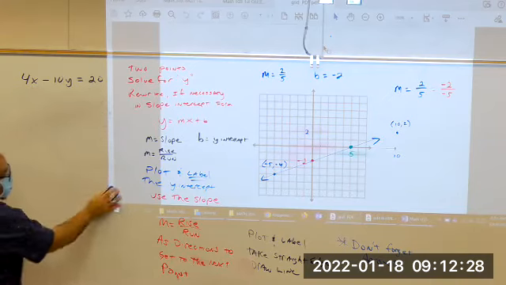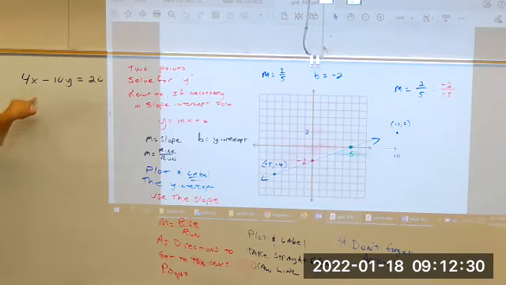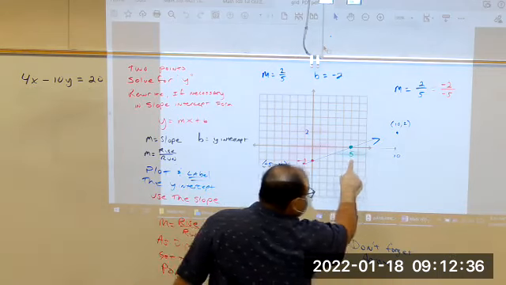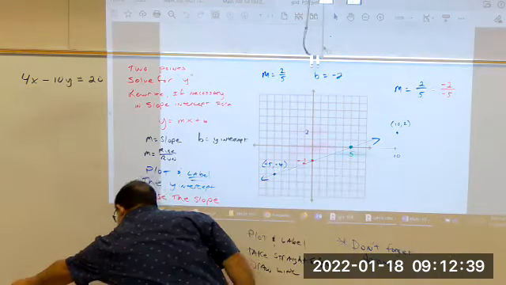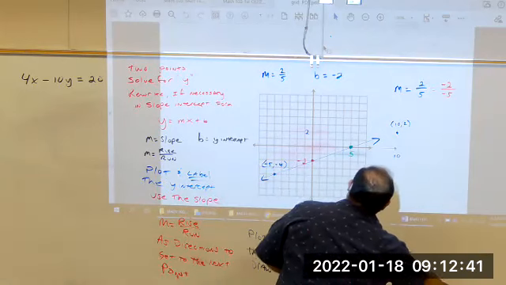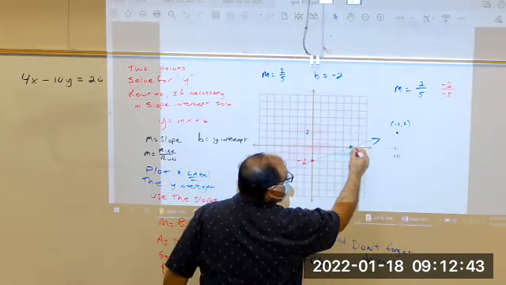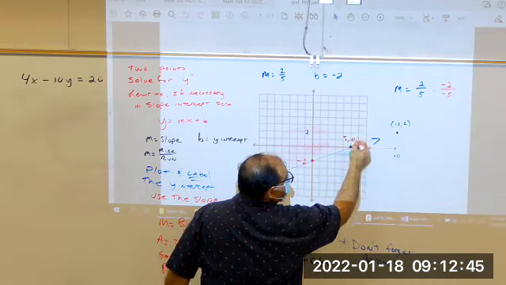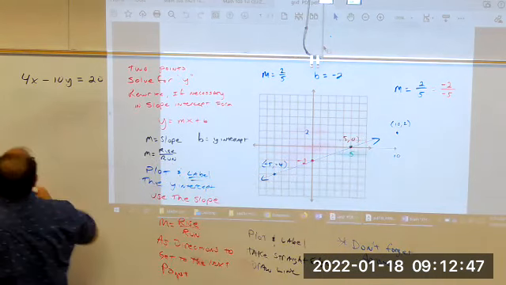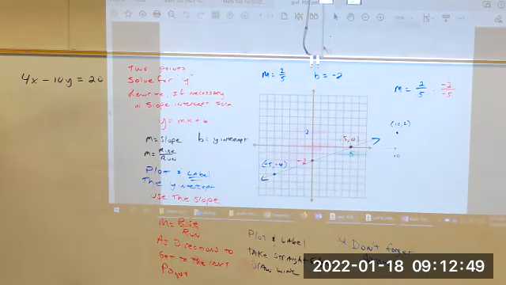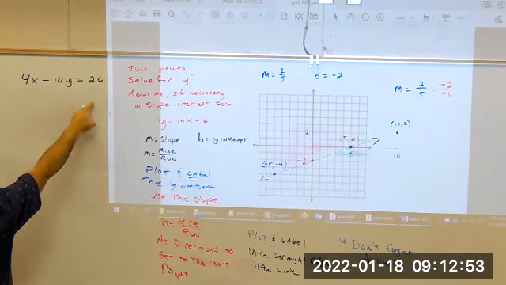That means all of those ordered pairs are solutions to this equation. For instance, this is 5, 0. Right here, this is 5, 0. 5, 0 is on the line, so 5, 0 should solve this problem.